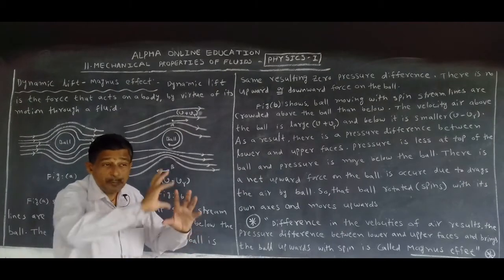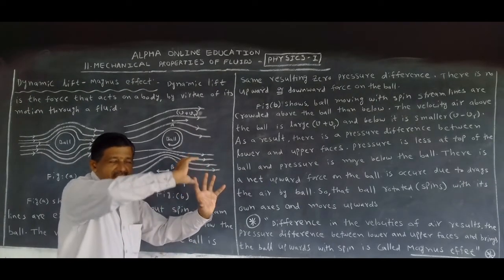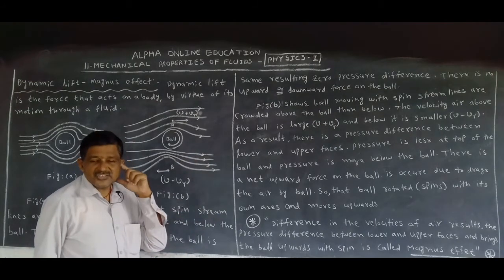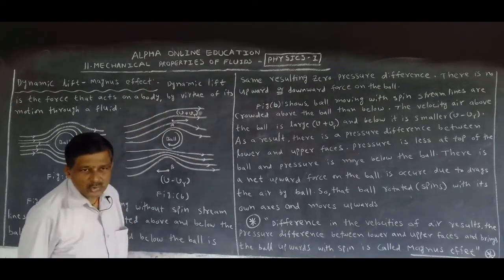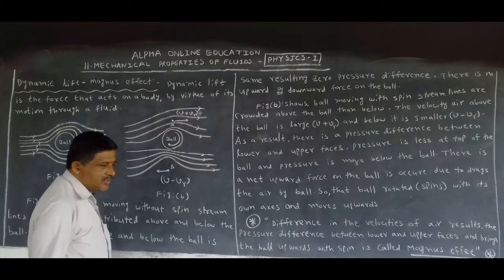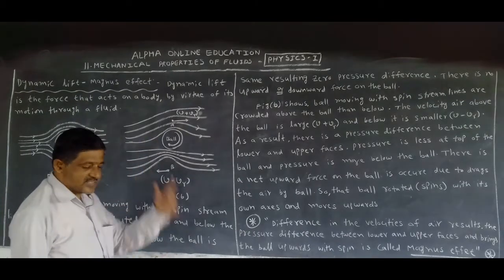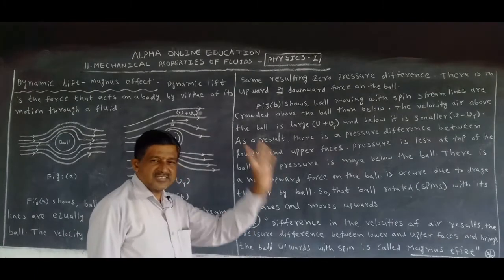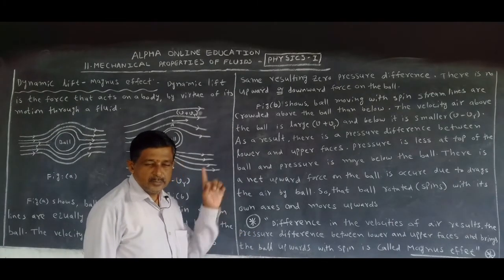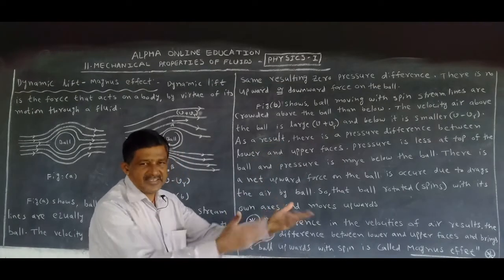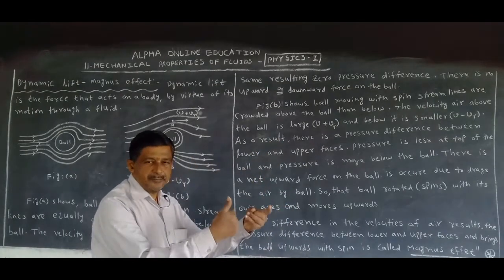The ball in air starts dragging some air around it, so below the ball the velocity is decreased and above the ball the velocity is increased. The difference in velocity results in a difference in pressure.